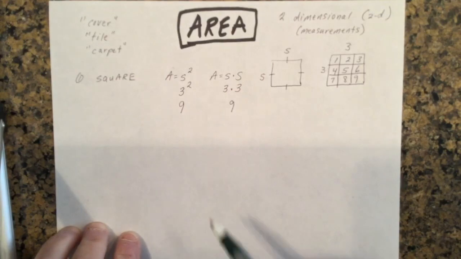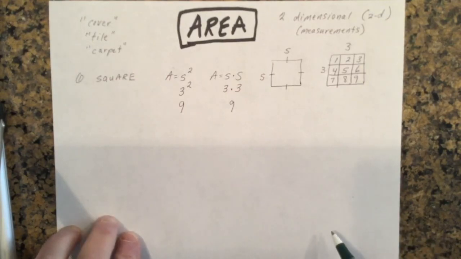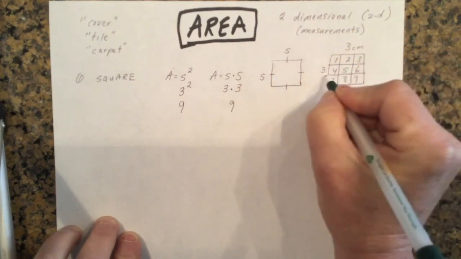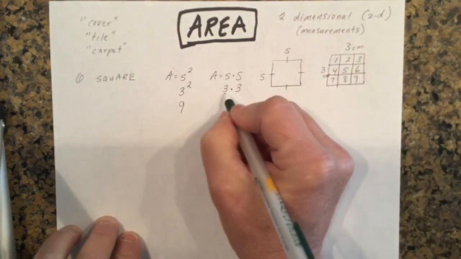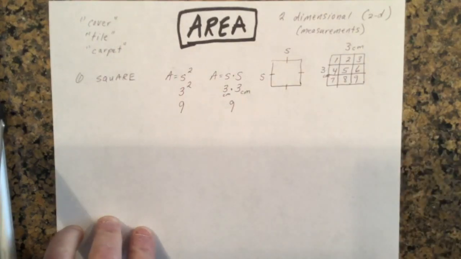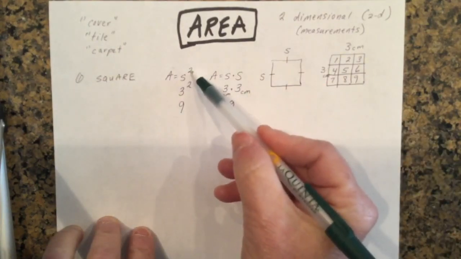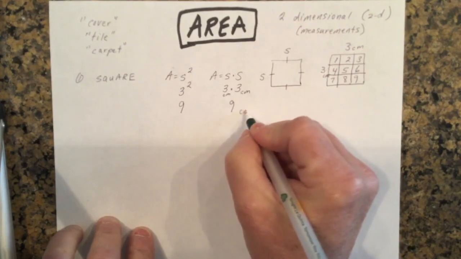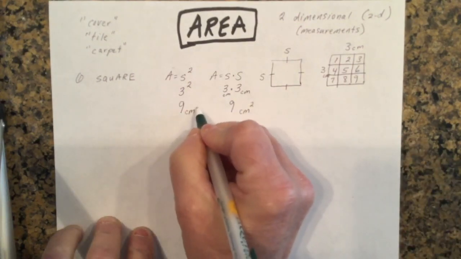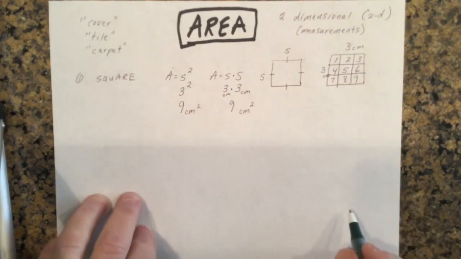Okay, now when we talk about the units of area, this means if this is 3 centimeters and this is 3 centimeters, then this is centimeters times centimeters. So centimeters times centimeters, just like S times S, is going to end up being centimeters squared. And so our final answer here is going to be 9 centimeters squared.